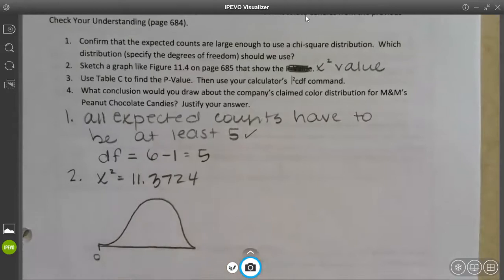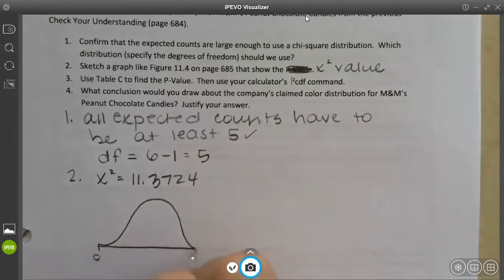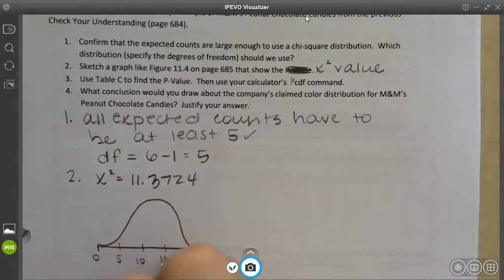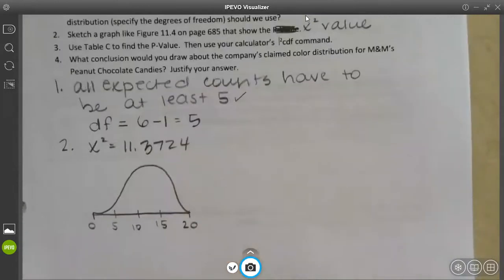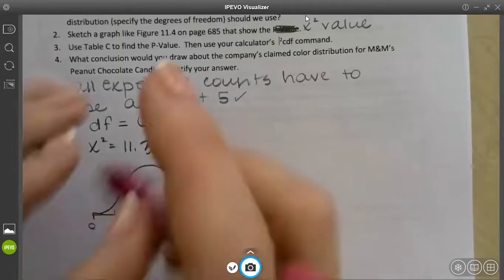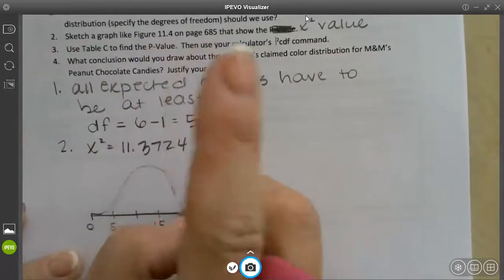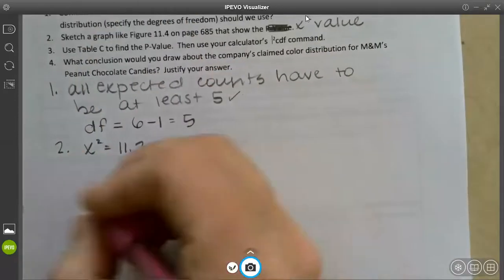Everything is positive. We'll start on this end at 0. This end will be 20. It doesn't matter what your scale is down there. I kind of have it backwards. It should be bigger on the end, a little more skewed. So I apologize. Why does it have to be skewed? What did they say about the distribution?